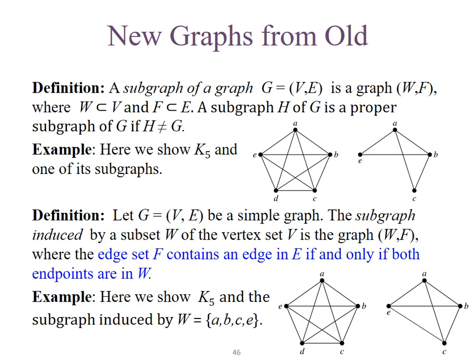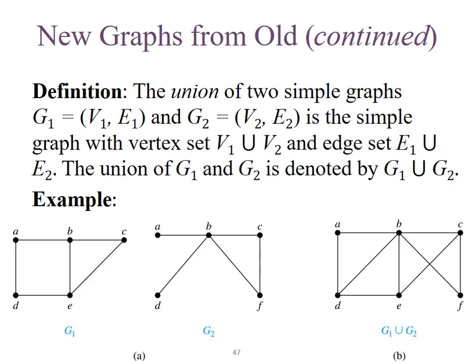If they have edges in K5, then you need to choose that edge in the induced subgraph. So you must choose A, B, A, E. Okay, that's the difference between subgraphs and induced subgraphs.